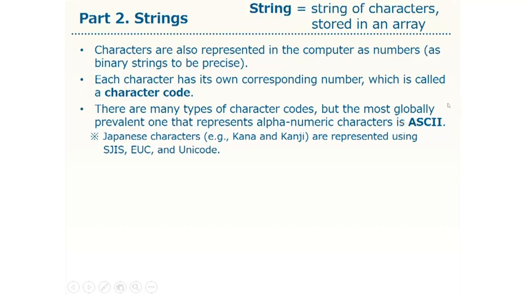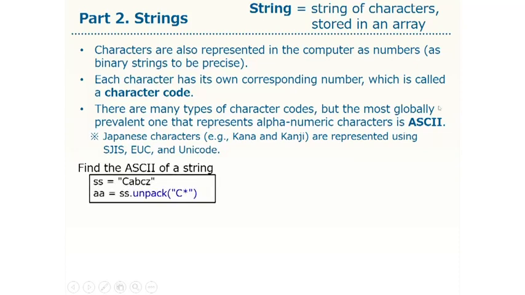There are two important commands for using ASCII. The first one is to compute ASCII-based numbers for characters in a given string. For example, consider these two statements. By the first statement, the string CabcZ is stored in an array or a string variable SS. By the way, this is the way to initialize a string variable.